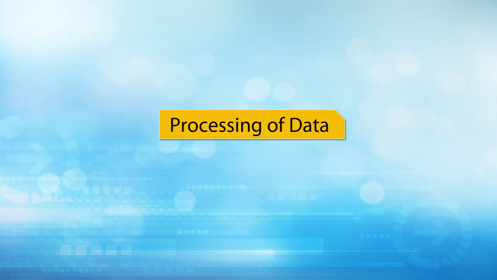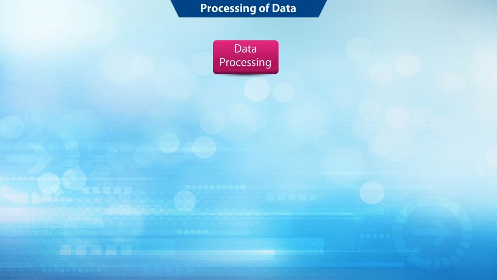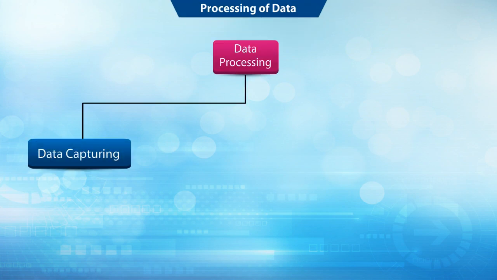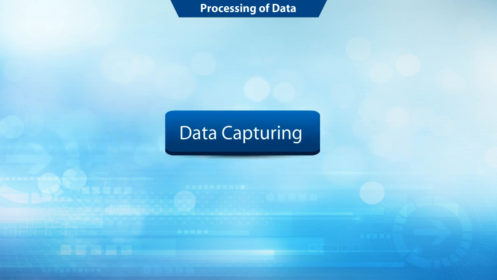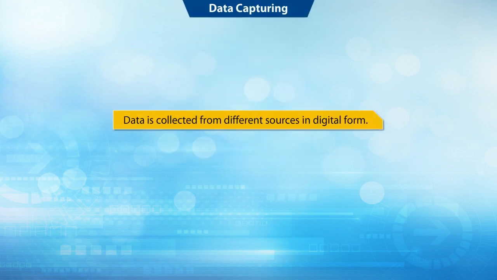Now let's see what processing of data is all about. Data processing involves data capturing, data storage, and data retrieval. Let's first look at data capturing. Data capturing involves collecting data from different sources in digital format.